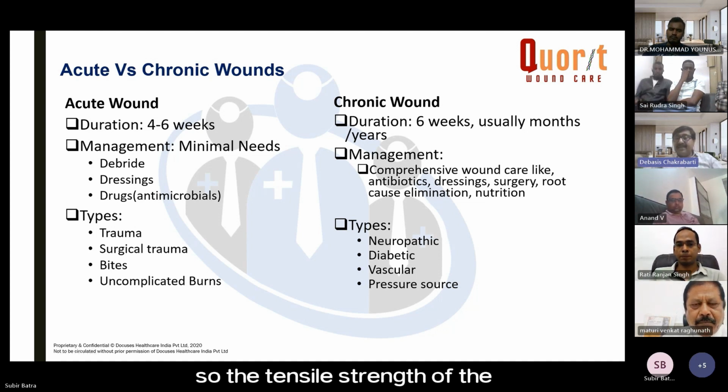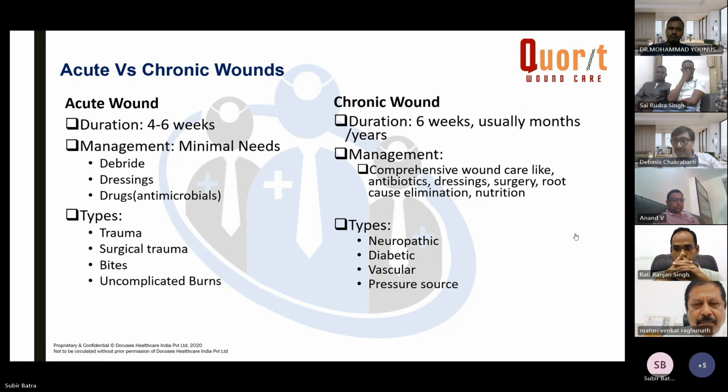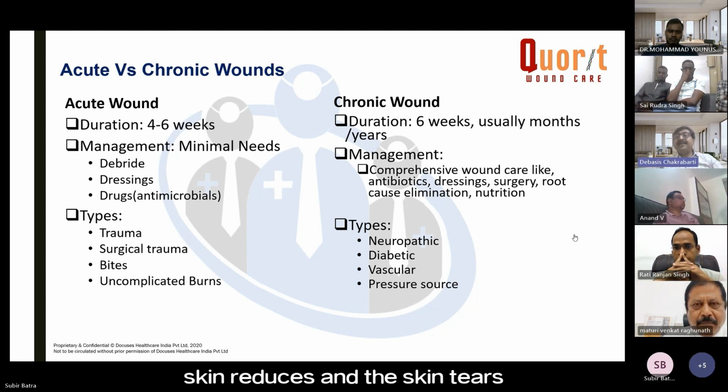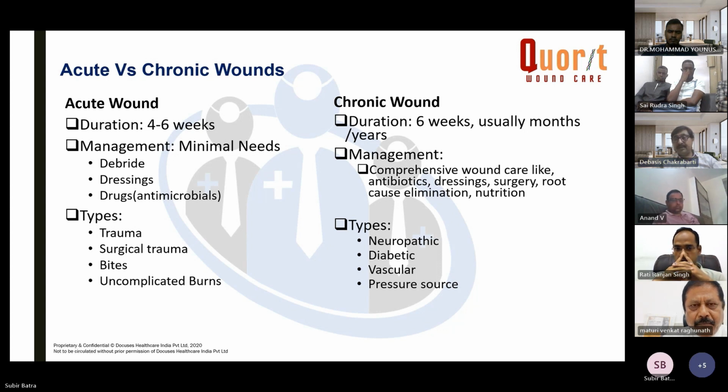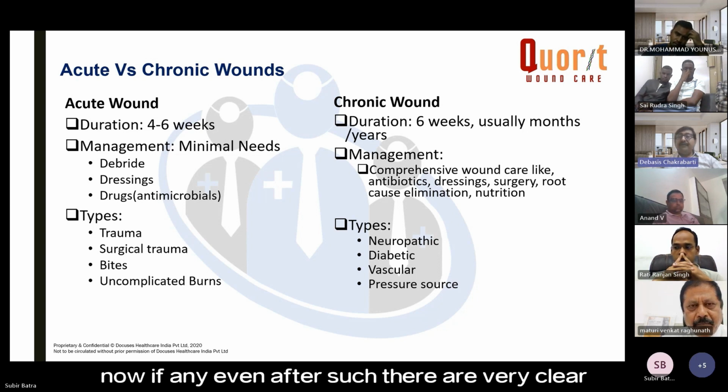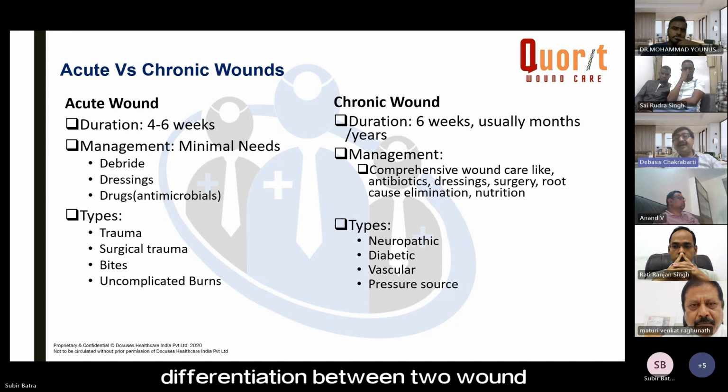So the tensile strength of the skin reduces and the skin tears, and it starts forming a pressure ulcer, which we call bed sores.